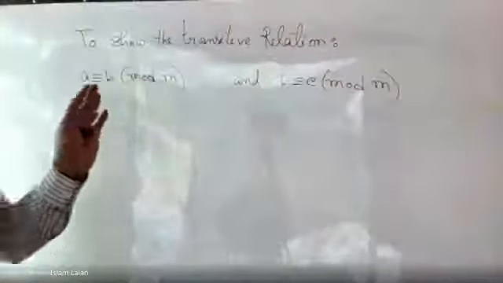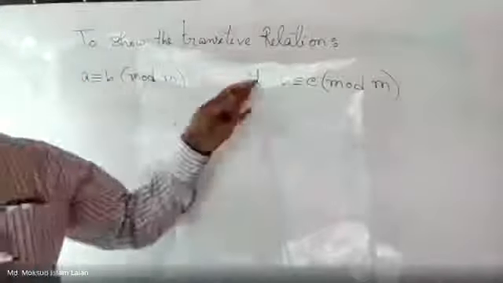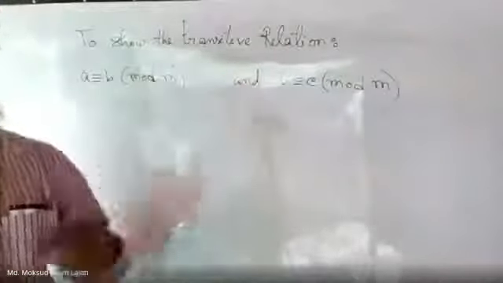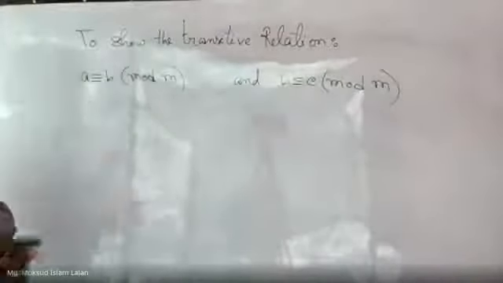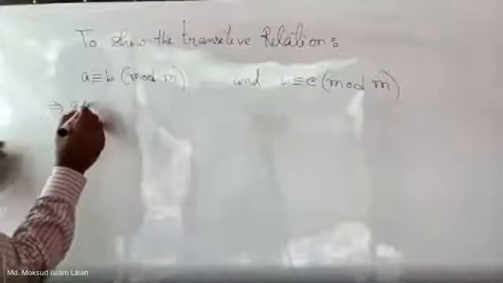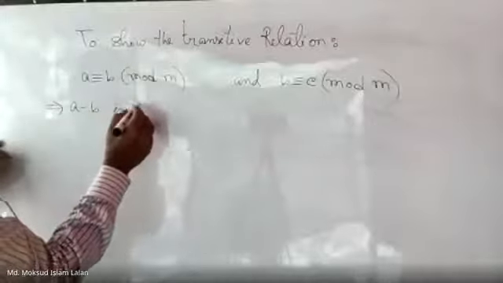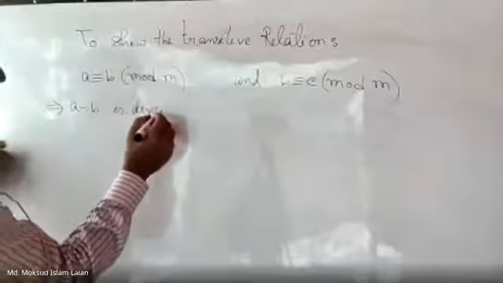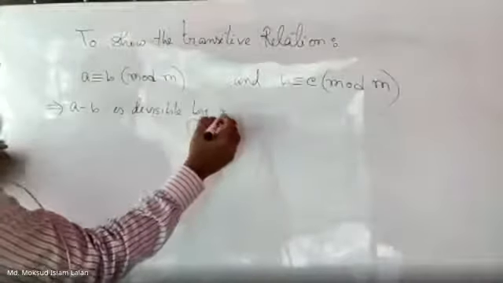Yes, sir. So we have to consider, suppose these two hold. This is the condition. So what does it mean? This means A minus B is divisible by M, right?